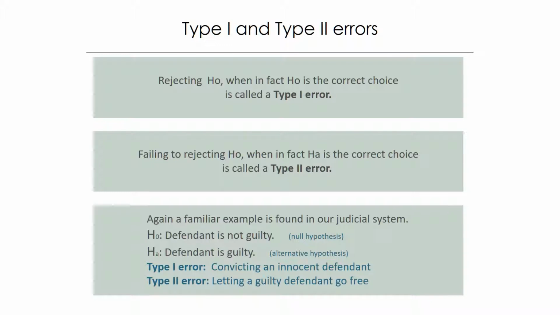The type 2 error is failing to reject the null hypothesis when in fact the alternate hypothesis is the correct choice. And again, a familiar example is found in our judicial system where the null hypothesis is the defendant is not guilty and the alternate hypothesis is that the defendant is guilty. A type 1 error would be convicting an innocent defendant, and a type 2 error would be letting a guilty defendant go free.